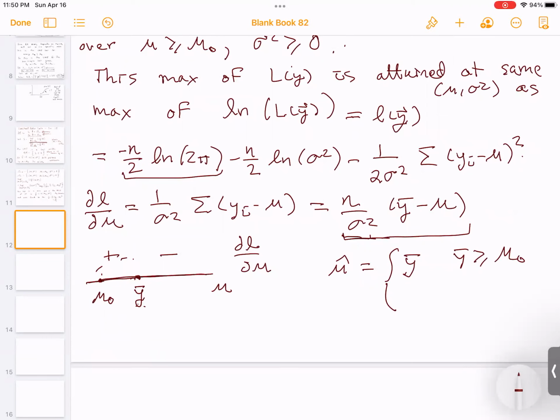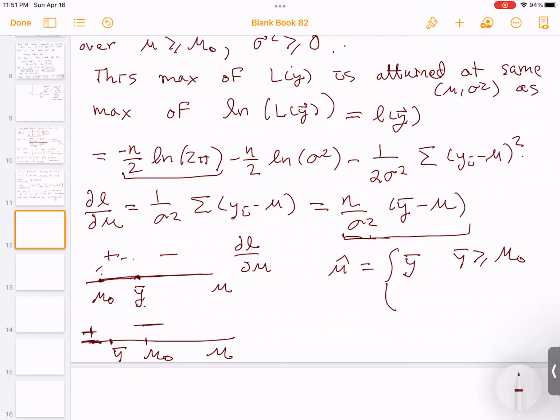But what if we have another situation where y bar is less than mu 0? Well, in this case, you don't want to reject the null hypothesis. So right away, this looks like the weird, bad case. And you can see it works that way too based on the likelihood test. Still, y bar is less than mu 0, so it's negative all in here and positive here.